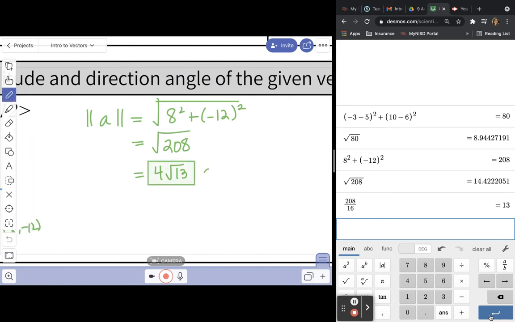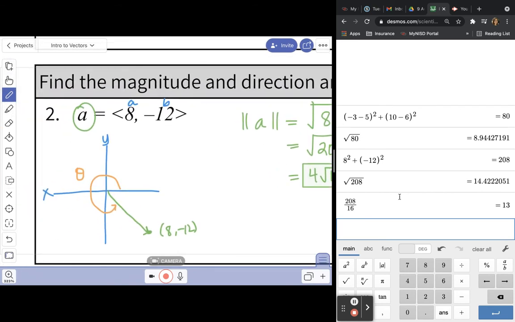And if you're having a tough time picturing that, that's roughly 14.42. I'm just getting that from up here. So roughly it's about 14 and a half units long. Okay, but now I want to know the angle. Like how much did it go around to get to that location?